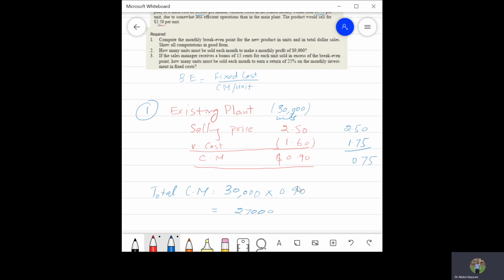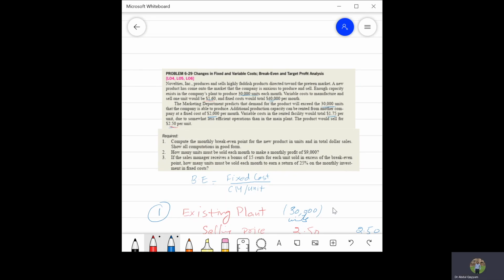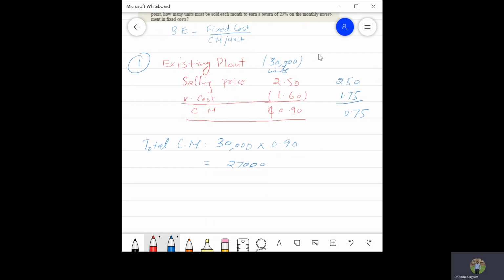So our fixed cost for the first 30,000 units is $40,000. So if we have total contribution margin 27,000 and we deduct fixed cost from it, which is 40,000, then we are at a loss of 13,000. So we are not at break even.